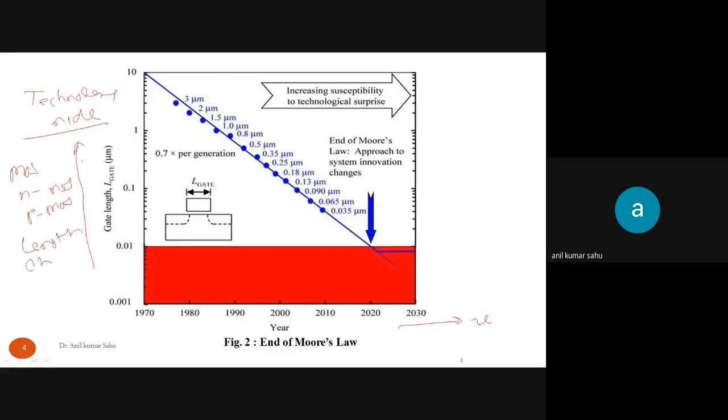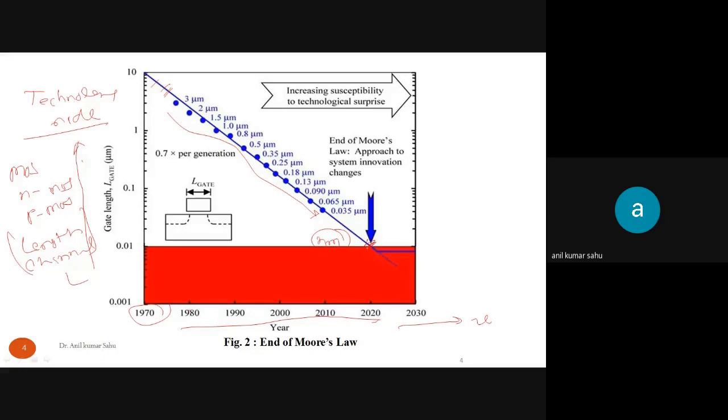Channel length means L. In 1970 the channel length was in the micrometer range, but as the years increase it is lowered from micrometers to nanometers. Now in 2020 the channel length is in the nanometer range.